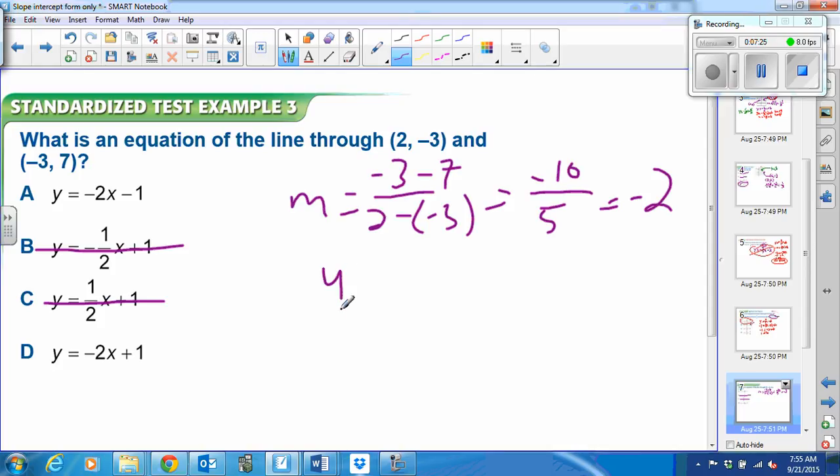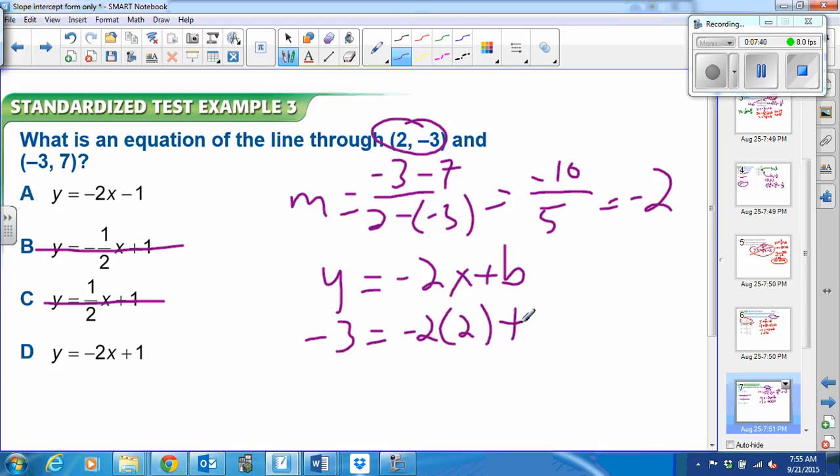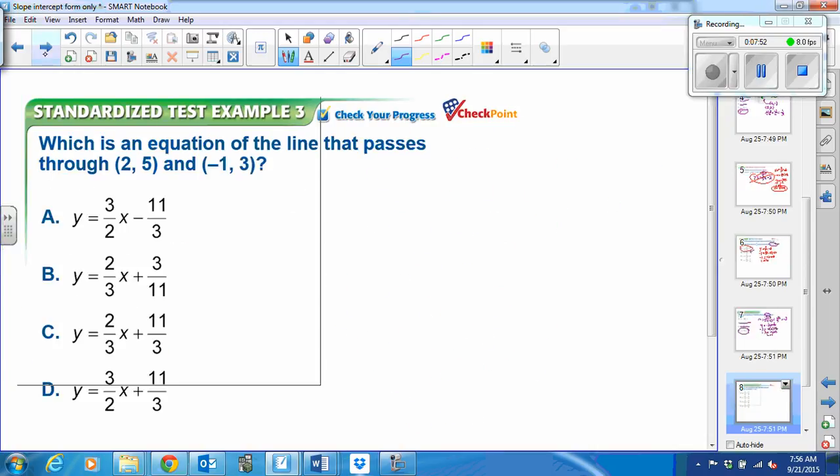And so let's plug in y equals negative 2x plus b. And now these points look about the same. I'm going to pick (2, -3). So negative 3 equals negative 2 times 2 plus b. So negative 3 equals negative 4 plus b. Add 4 to both sides and we get b equals 1. So it should be negative 2x plus 1.